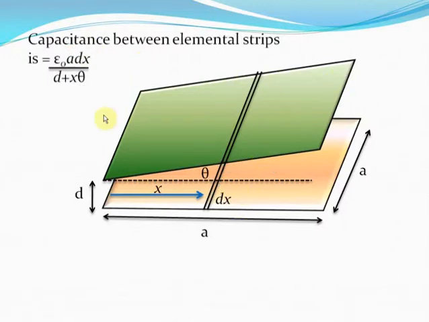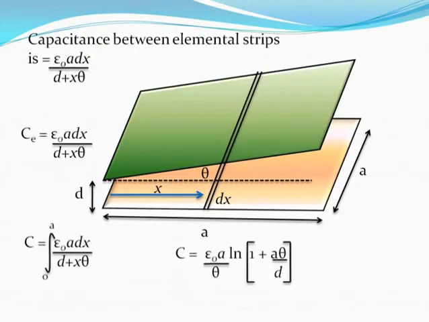When we integrate to find the final capacitance of the entire two-plate system, we integrate from x equal to 0 to x equal to a. That gives us the final capacitance of this two-plate system as epsilon naught a by theta ln 1 plus a theta by d. And that is our final answer.